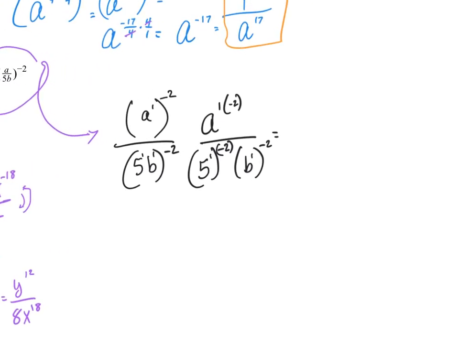And let's see, how do we simplify this? Then that would become a to the negative second over 5 to the negative second times b to the negative second.